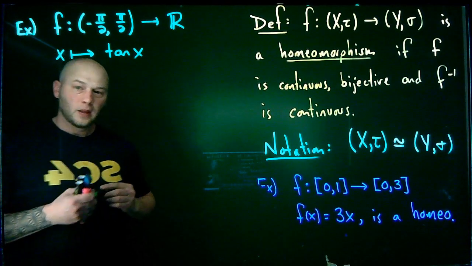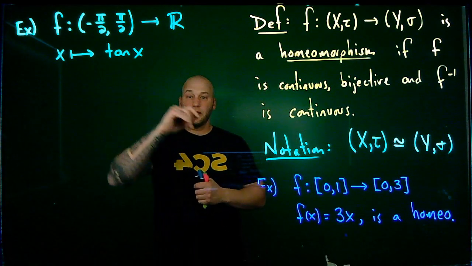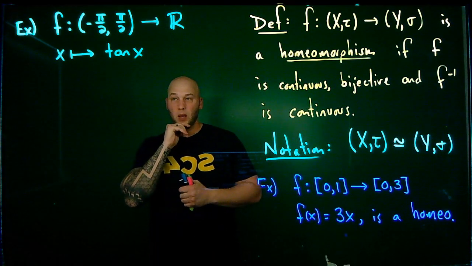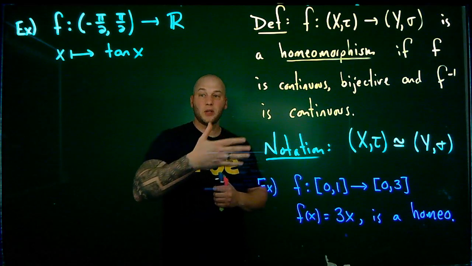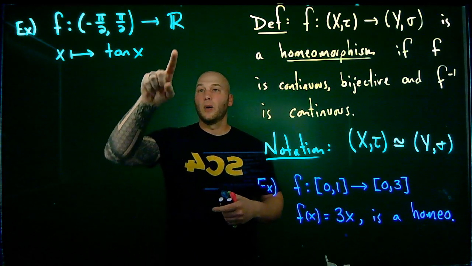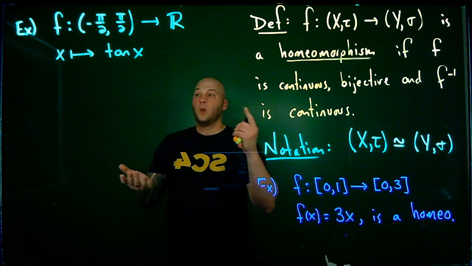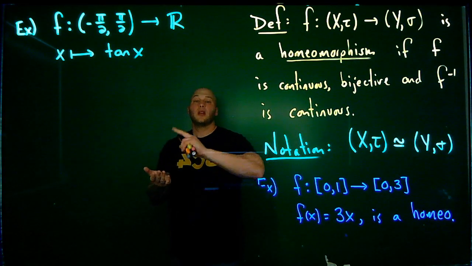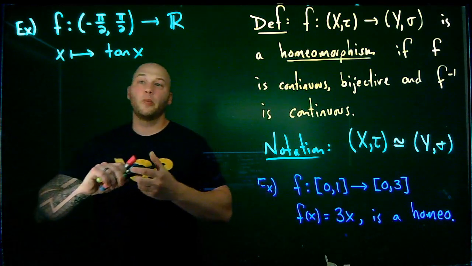All right, let's look at some properties of this function. Well, first of all, the tangent function is continuous. It's invertible, right? Its inverse is tan inverse, and when I take the inverse, it goes from R to (negative pi over 2, pi over 2). So it's continuous, invertible, the inverse is continuous, and therefore this is a homeomorphism.